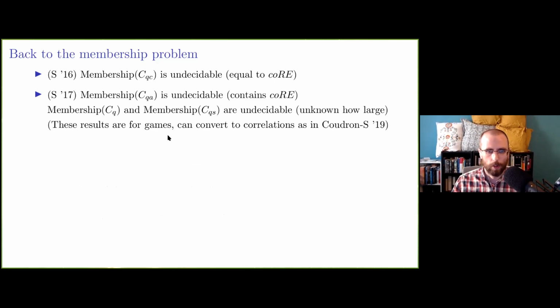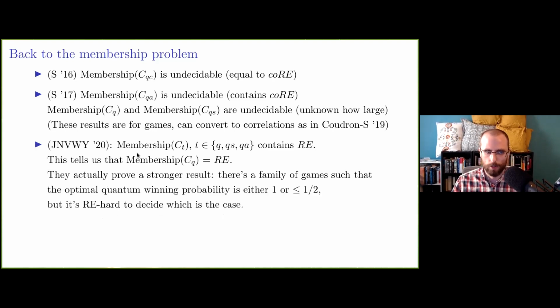I'm just going to go through the highlights here. The interesting part is that what Ji et al. did is that they showed that membership in the set CQ contains CQS, and CQA actually contains RE. So that tells us in particular that membership in CQ is equal to RE because it was contained in RE.